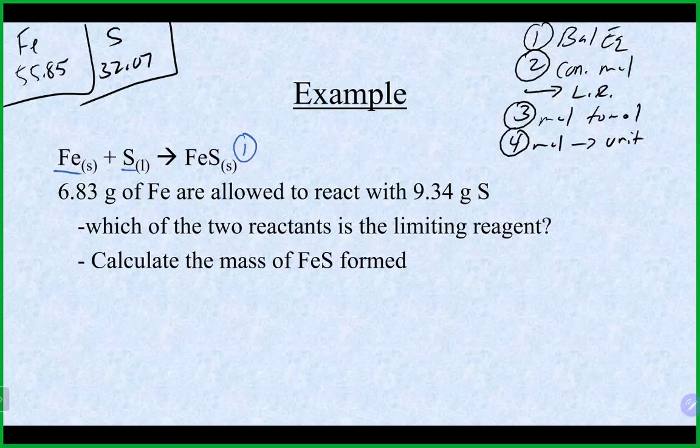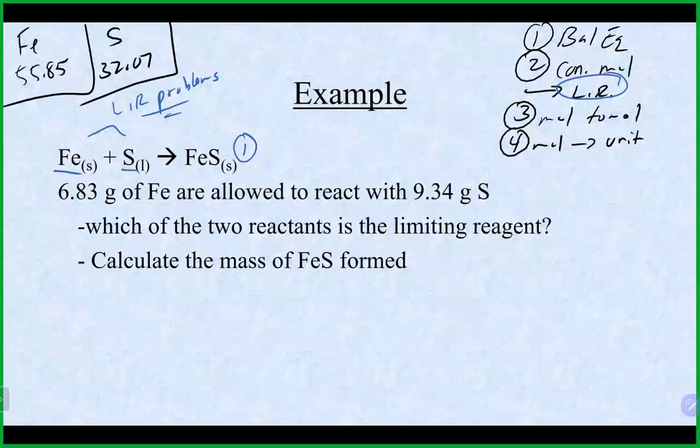We are given enough information for both reactants that we could get to moles of both of those. That is the key that this is going to be a limiting reagent problem, because we are given information about both reactants and we could definitely get to moles of both.